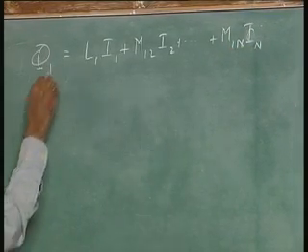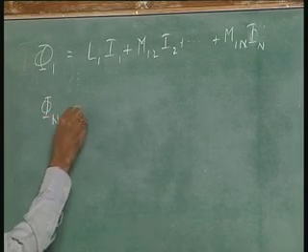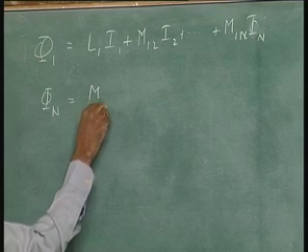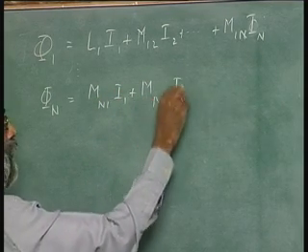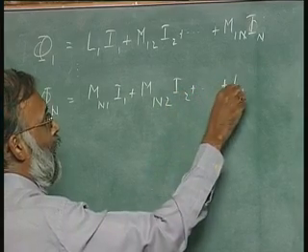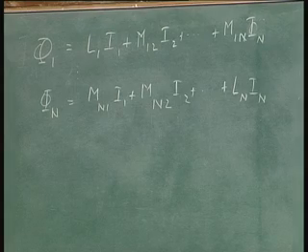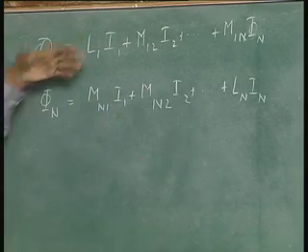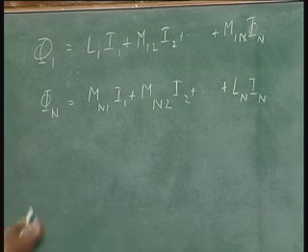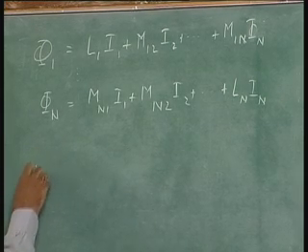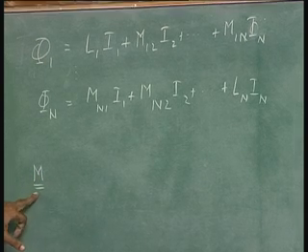Similarly, phi 2 etc. Phi n is equal to Mn1 I1 plus Mn2 I2 plus Ln IN. I have just generalized that same result to n coils carrying n currents. So, this is a matrix equation. I will define a matrix M. To call a matrix, I usually put two lines underneath.